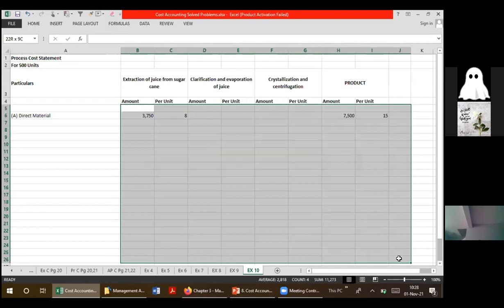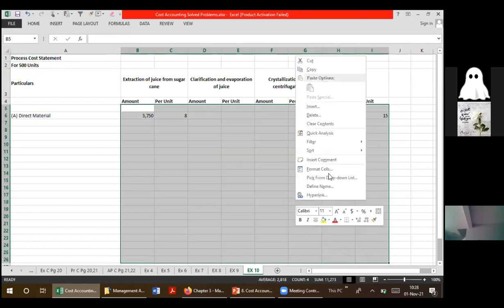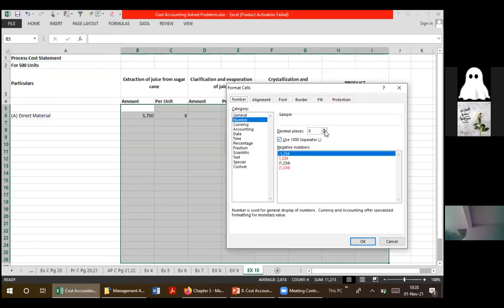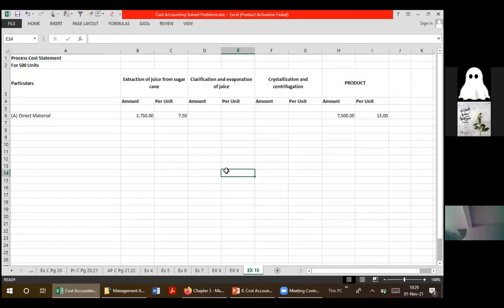It is just showing me 8. Let's keep it to 2 decimals. So 2 decimals shows us 7.5 is the per unit cost for process 1.